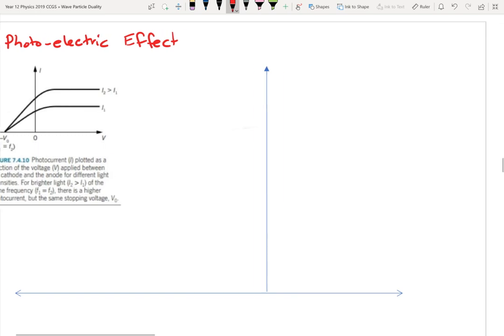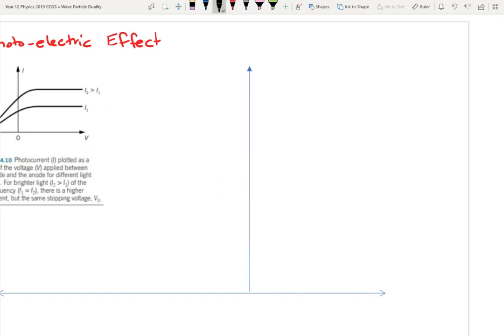Now, let's just save ourselves some room up here. So this is what the photoelectric effect did. What they did is they took light, all right, and they shone this light onto some shiny polished metal. So here's my shiny polished metal, okay?